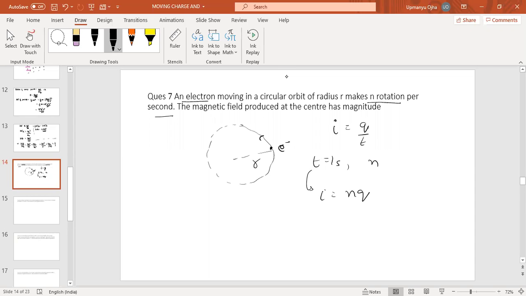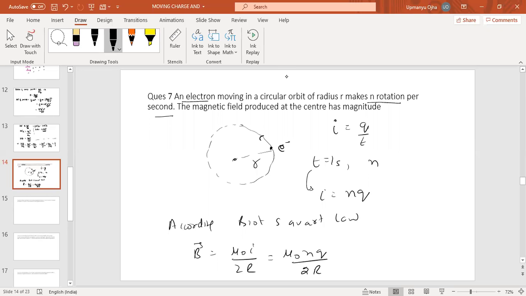Okay. Now the magnetic field. According to Biot-Savart law, the magnetic field at the center, that is B, will be given by mu naught I by 2r. So the value of I is nq.